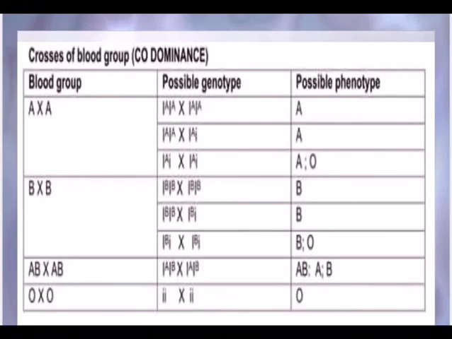What about AB and AB? A person having blood group AB marries another person having the same blood group AB. Then what is the genotype combination? From father side it is IA, IB. From mother side IA, IB. So one possibility is AB, and another possibility because of crossing over, IA, IA results in A blood group formation in children.